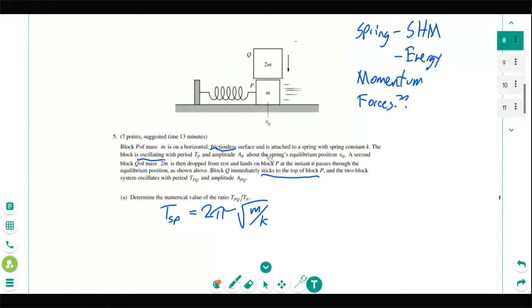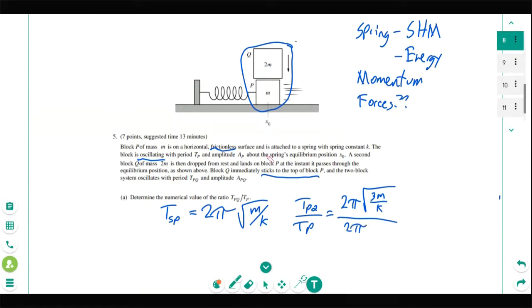So our ratio TPQ over TP is going to be 2 pi square root of, PQ is when the 2 blocks are stuck together, so I've got to use their entire mass, so that's 3m over k, over 2 pi square root of m over k.